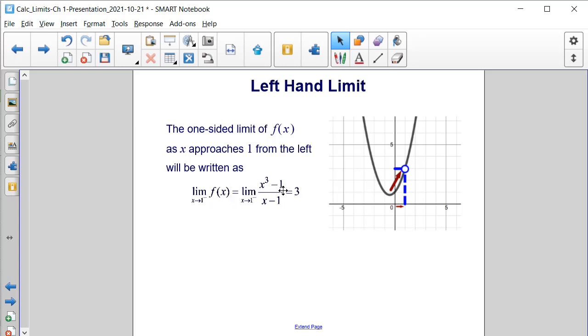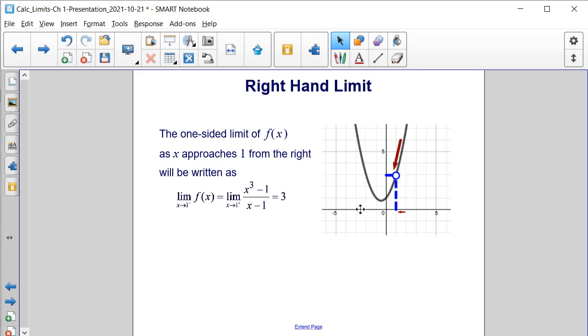And we can substitute the actual algebraic expression in for f of x and write it as the limit of x cubed minus 1 over the quantity x minus 1 as x approaches 1 from the left. And if we analyze the graph and come to the value of 1 from the left, we see that the limit is 3.